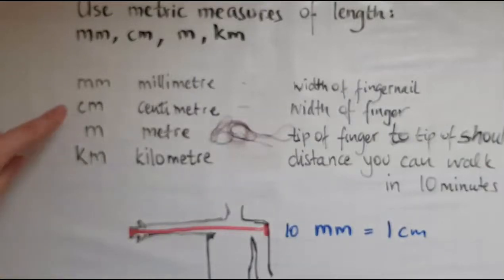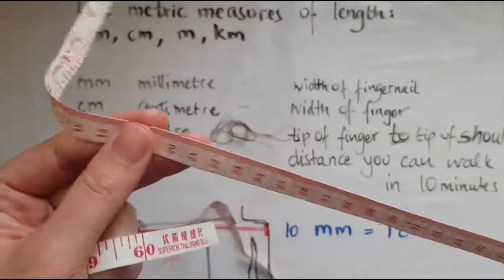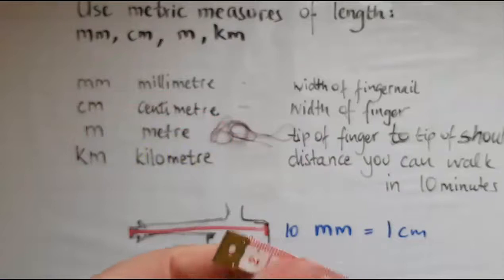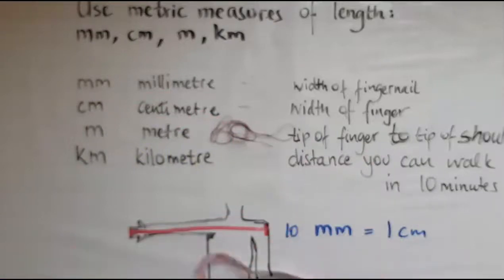Now, how many centimeters would make a meter? Maybe a ruler wouldn't be long enough to show you that, but measuring tapes can. So I'm going to use a measuring tape to show you that. We'll start with 0.